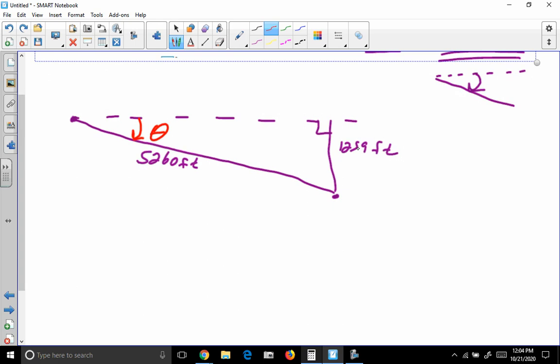We're given the side opposite of that angle and the hypotenuse. So that's going to be sine. Sine theta is the opposite side divided by the hypotenuse. So that means theta we could get from taking the inverse sine of that ratio.